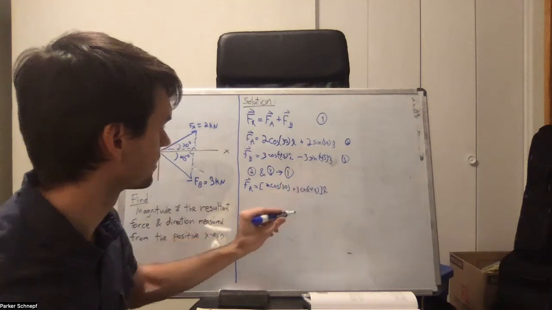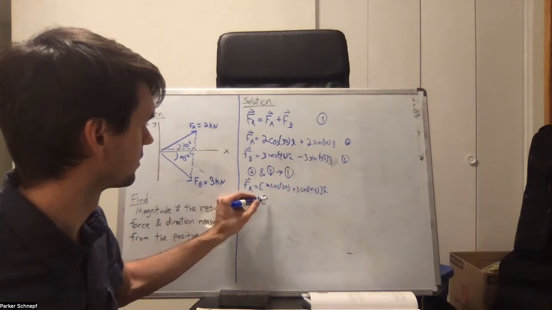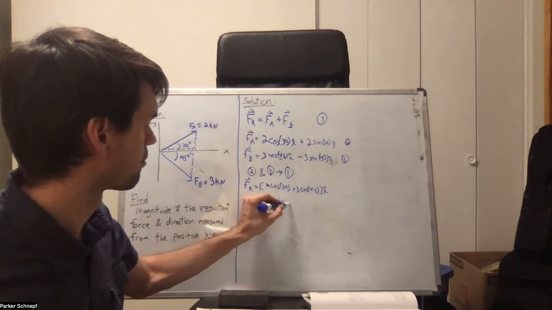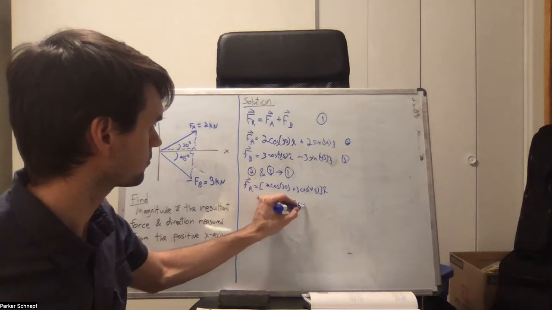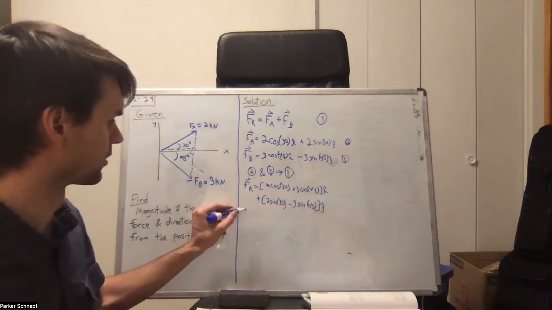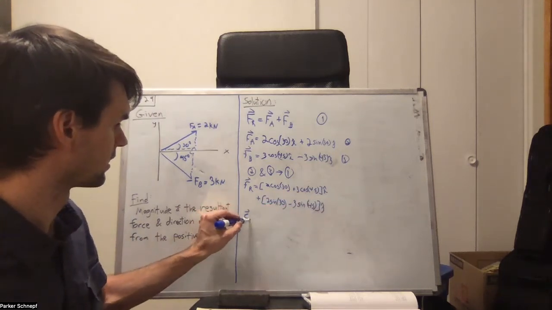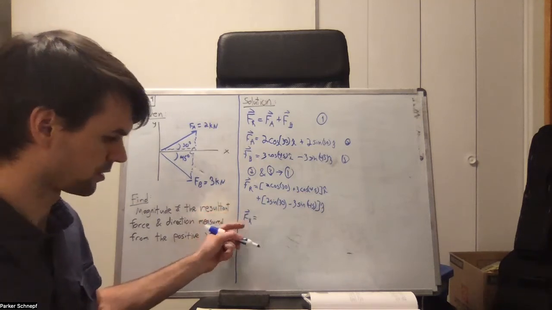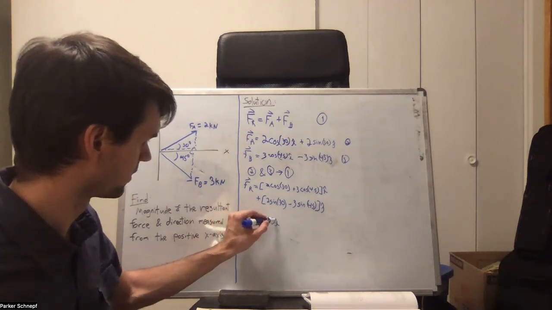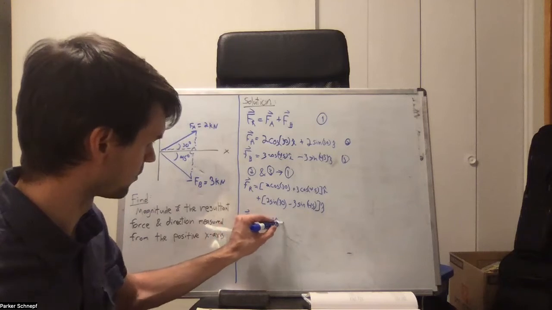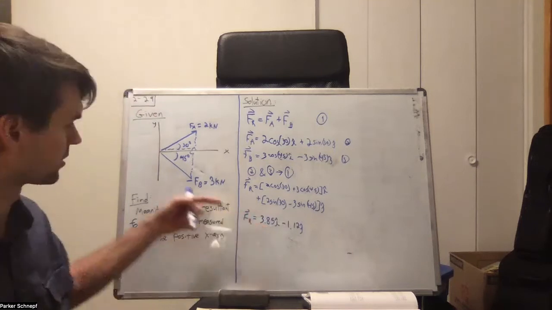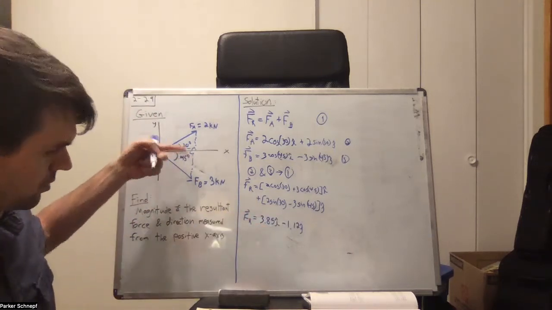That's the x component, plus 2 sine 30 minus 3 sine 45. And that's the y component. And then when I evaluate those numbers, I get that my resultant force vector is 3.85 i and minus 1.12 j. So it's going in the positive x direction and it's going a little bit in the negative y direction.